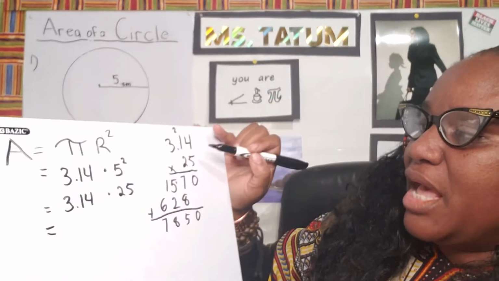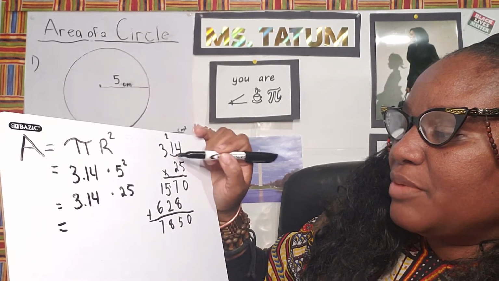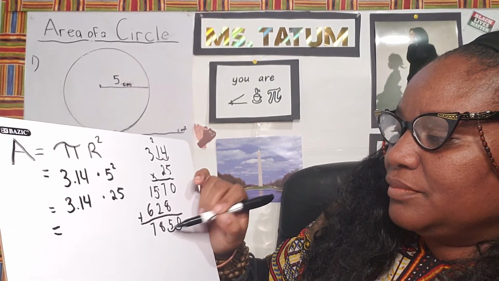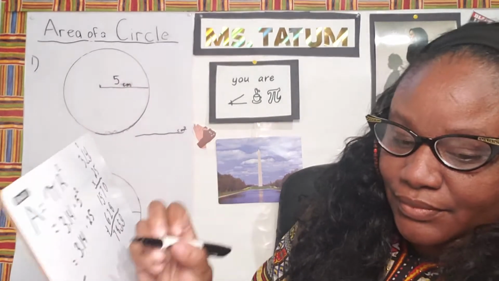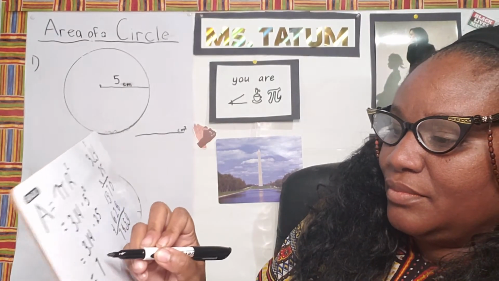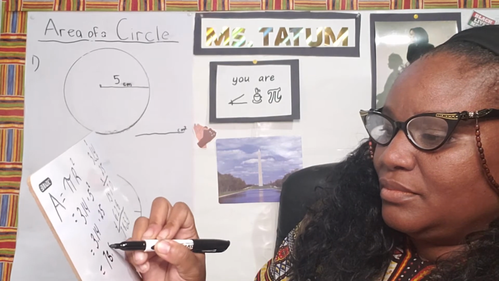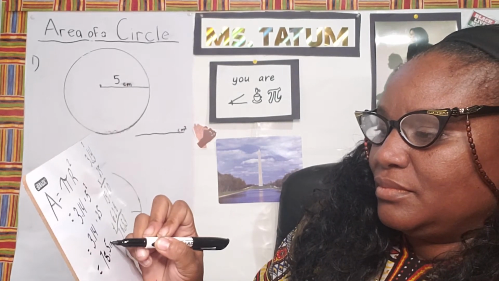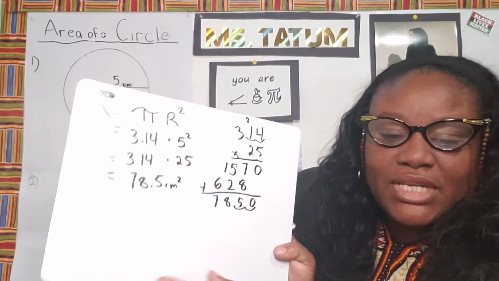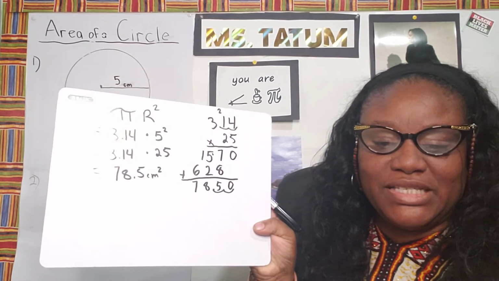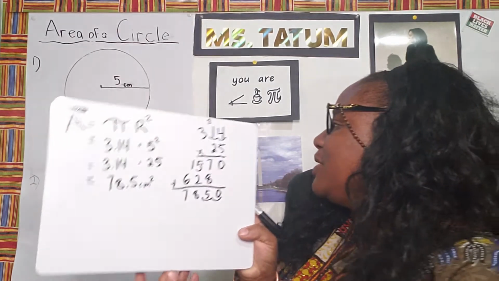Okay, and remember I had this decimal here. That was 2 spaces. So I have my answer here, 78.5 centimeters squared.